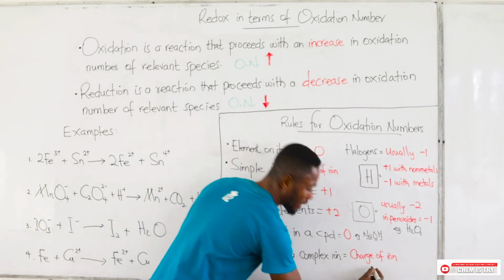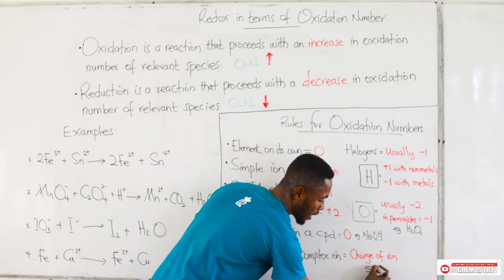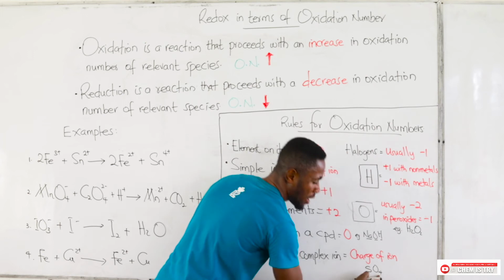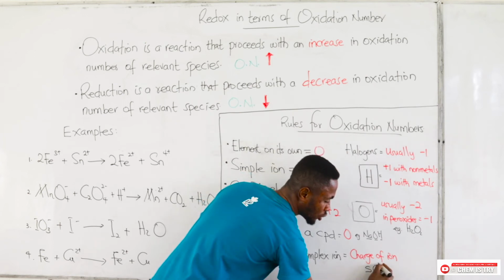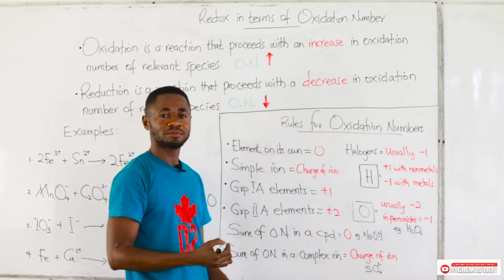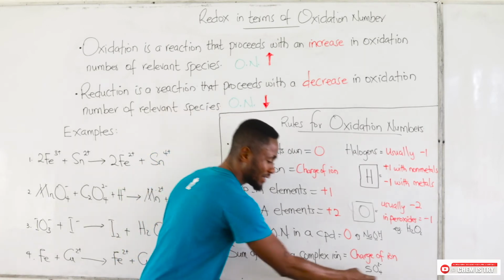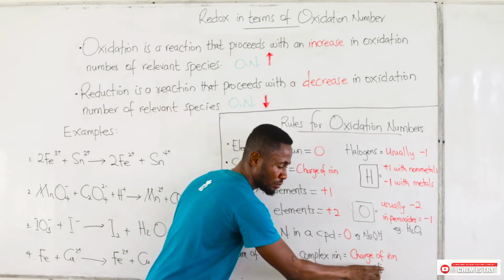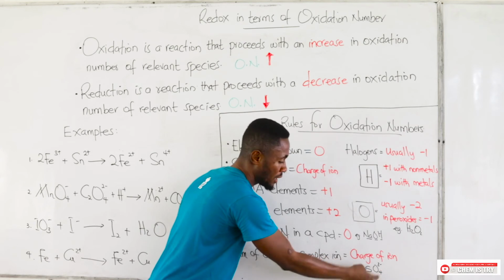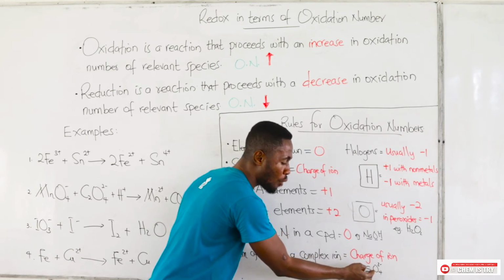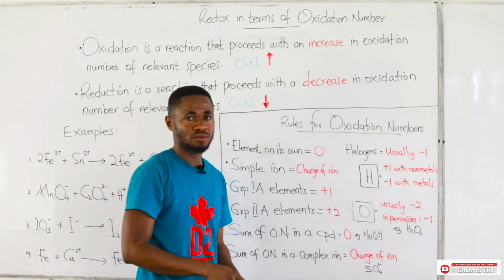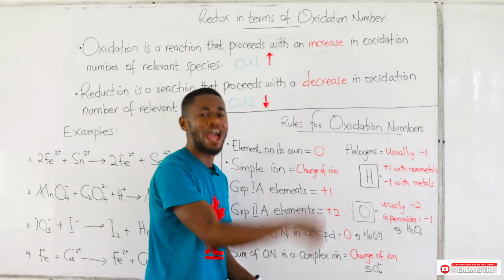For example, you can have sulfur and 4 atoms of oxygen coming together to form the sulfate ion. Now, it's an ion because it has a -2 charge, but it is made up of more than 1 atoms. So we call that one a complex ion.